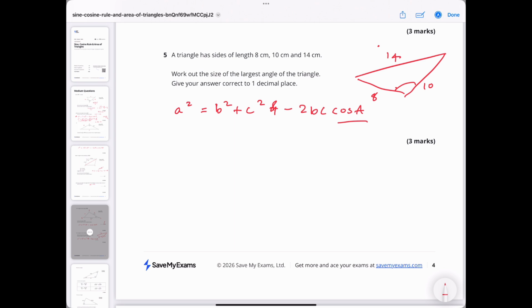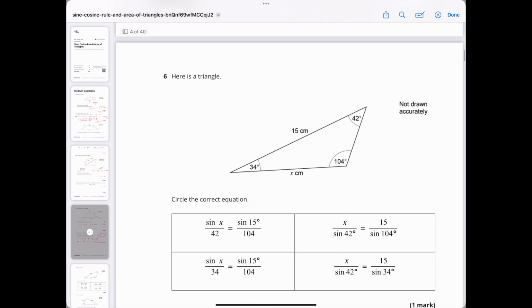And if you put them in different positions, you can see what the highest angle you get is. So you can start off by doing 14 squared equals 8 squared plus 10 squared minus 2 times 8 times 10 cos A. And then you could do it again, but with 8, and check what the answer was. And that will eventually give you an answer.